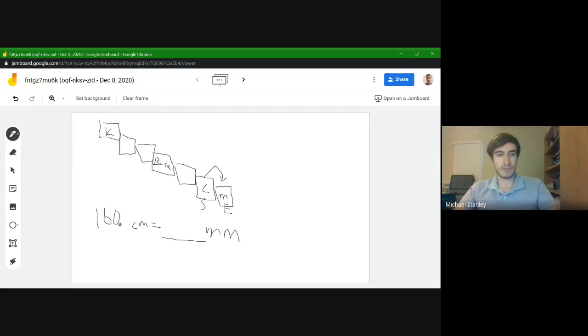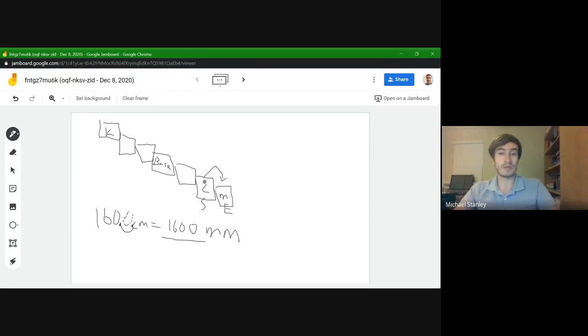If we take our decimal point that's at the end there and move it one spot, and then fill in this empty space with a 0, we can see that 160 centimeters is 1,600 millimeters.